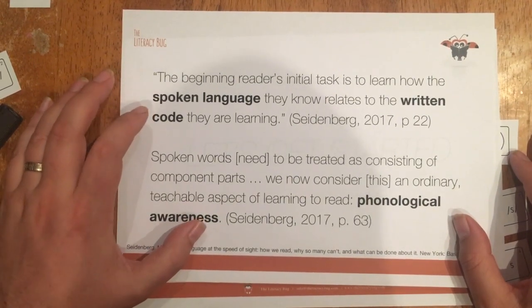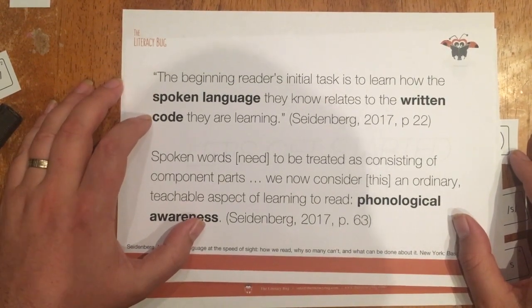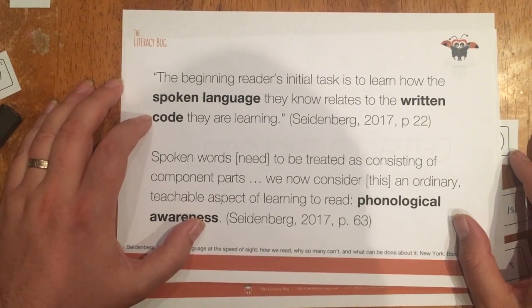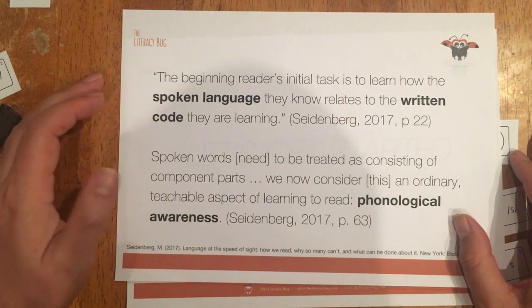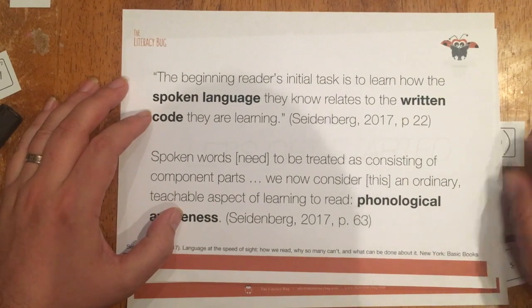So spoken words need to be treated as consisting of component parts, syllables and sounds, and we need to consider this as an ordinary teachable aspect of learning to read, otherwise known as phonological awareness.